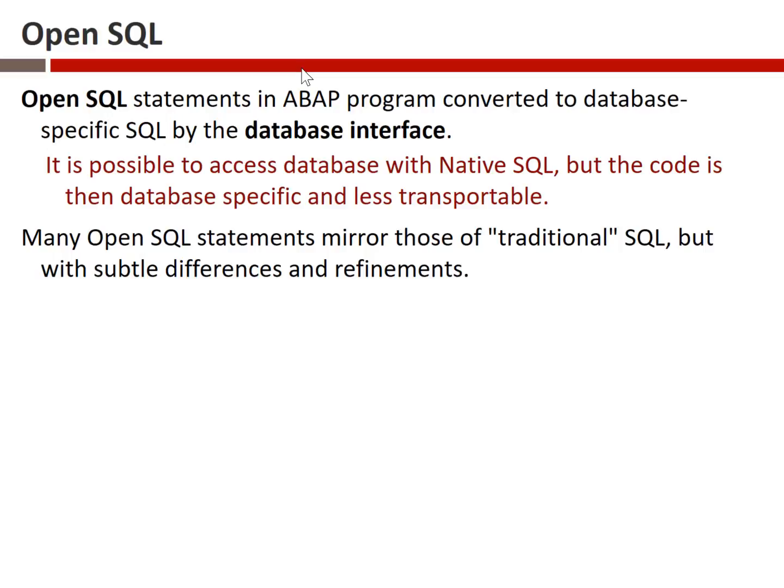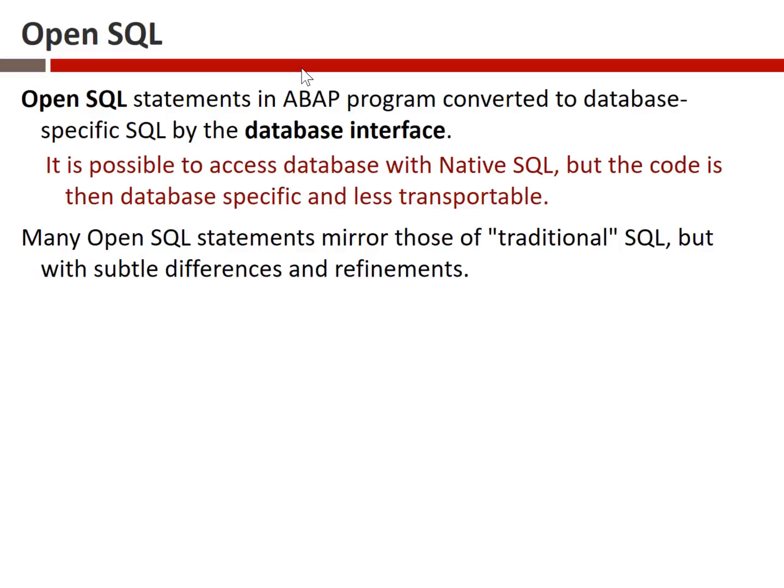As I have been saying, the idea here is OpenSQL statements mirror those of traditional SQL, but there are subtle differences and refinements. You may not have all of the options that you would have in a particular database vendor's, let's say, select statement. Or the Oracle database select statement might support a particular syntax in their where clause that's different in OpenSQL.